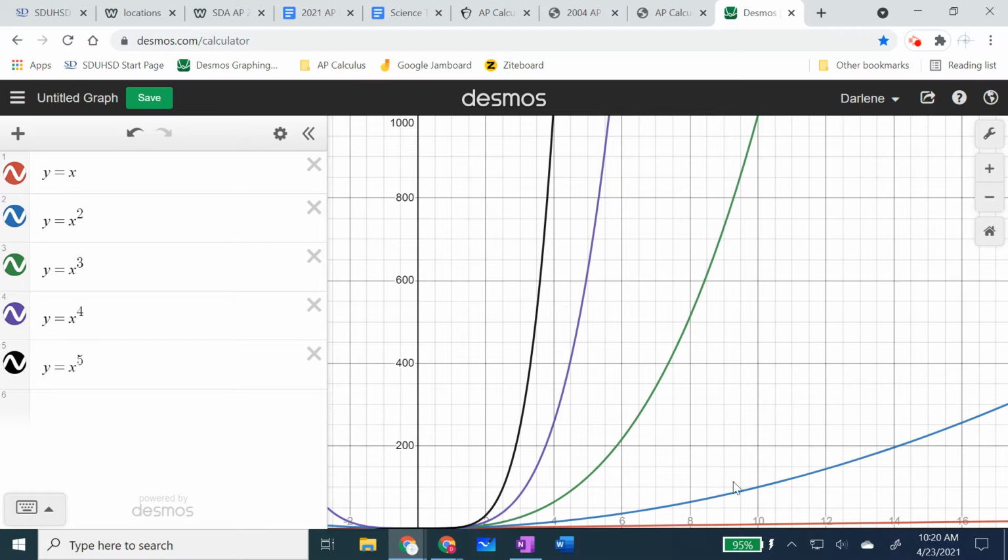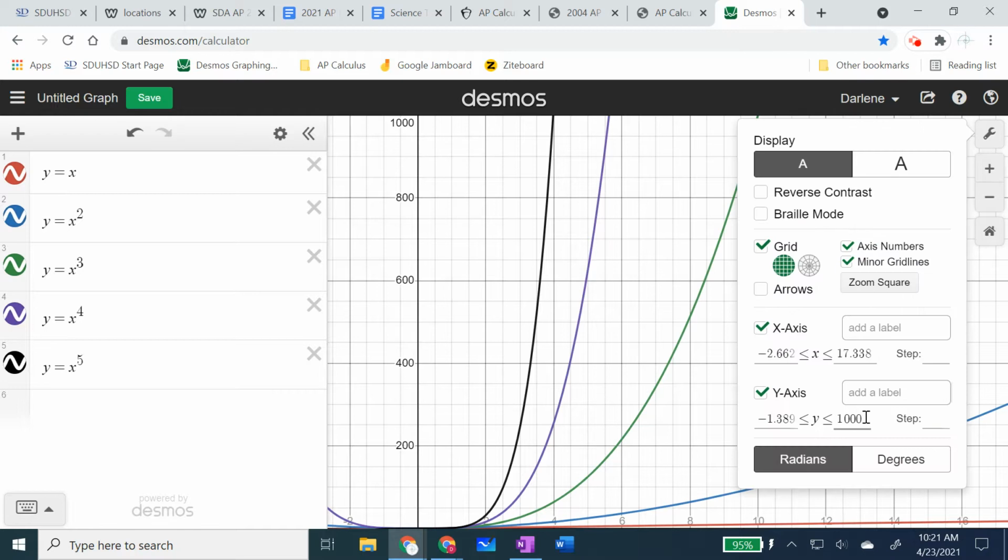I'm going to zoom, and the blue x squared, you can see that's your basic parabola. But look at how much flatter that is from the higher degrees. I'm going to go further.